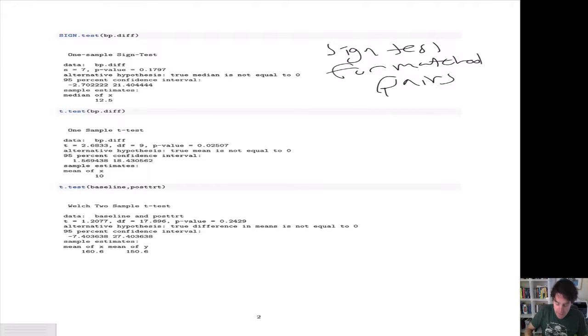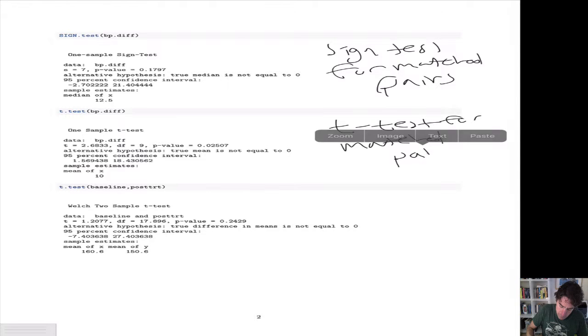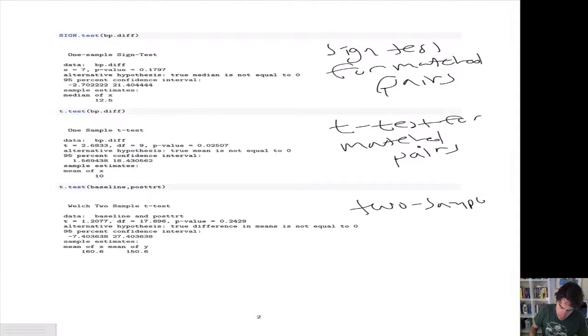We're given the t-test for matched pairs. And we're also given the two-sample t-test. So the question is asking you, which one of these three tests is most appropriate?